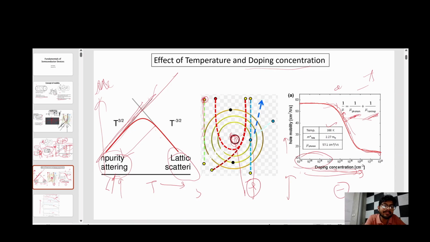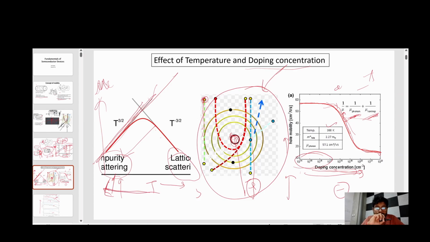The mobility will decrease with lowering the temperature, because the impurity scattering will dominate and increase. So due to impurity scattering, mobility is decreased. Yes, mobility will decrease with decreasing temperature.